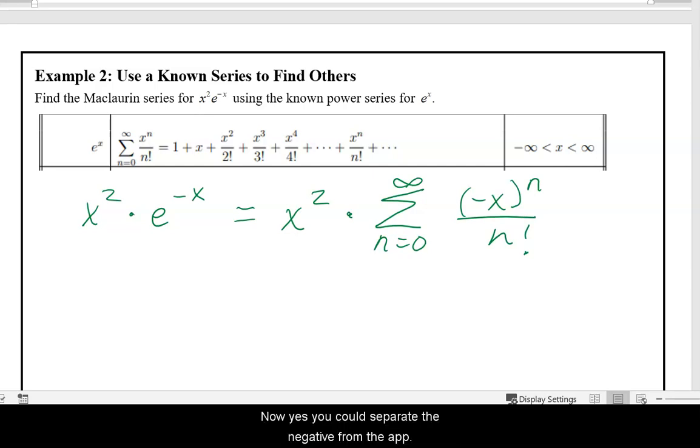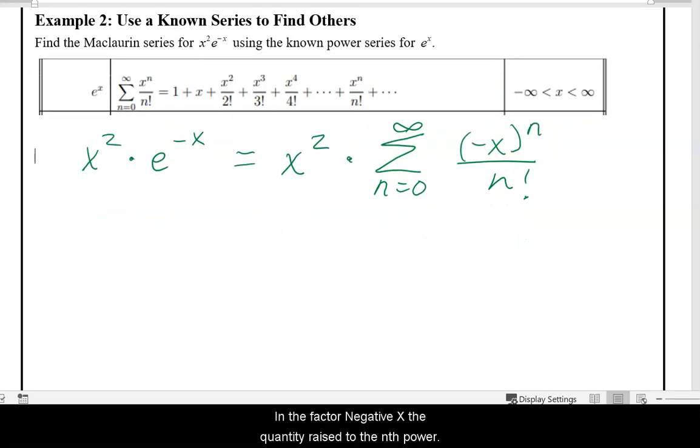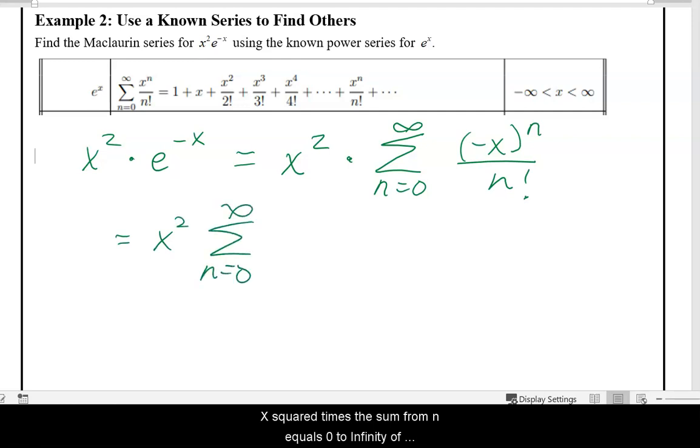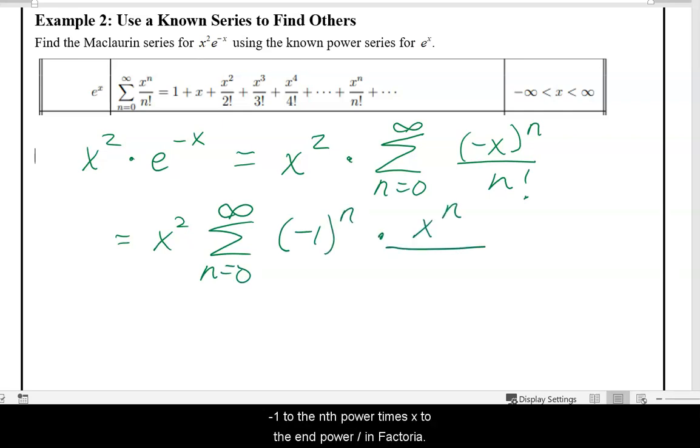Now, yes, you could separate the negative from the x in the factor negative x, the quantity raised to the nth power. That would give you the following: x squared times the sum from n equals 0 to infinity of negative 1 to the nth power times x to the nth power divided by n factorial.